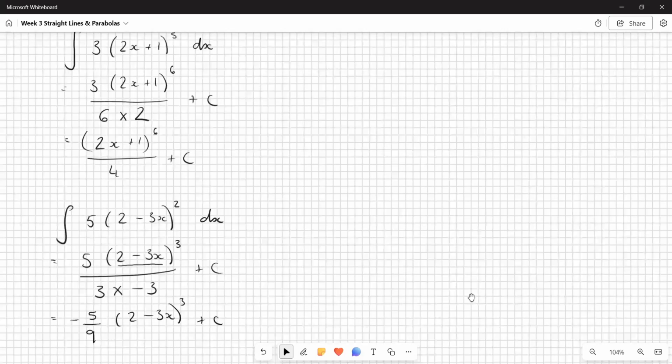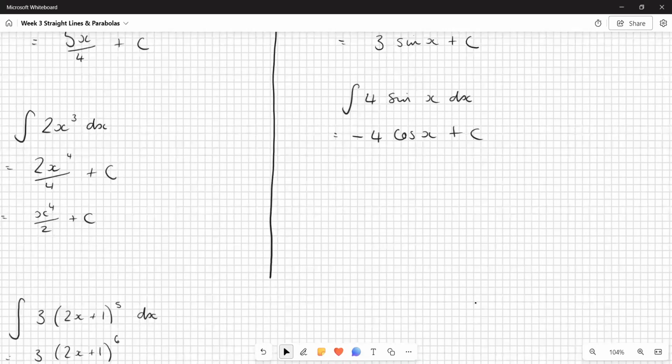Sin and cos examples, and we're done. What about if you've got 3 cos 5x minus 9 dx? Okay, so 3 cos x, we're pretending it says 3 cos x. If it was 3 cos x, the answer would be 3 sin x.